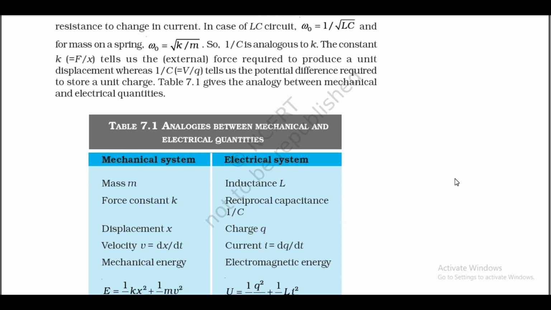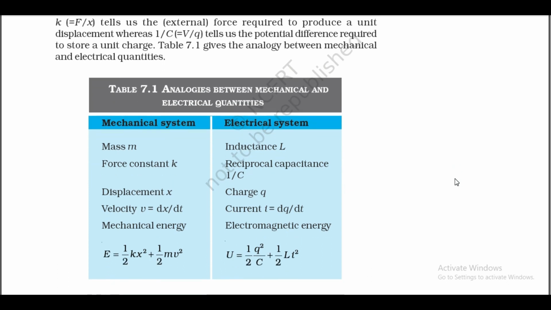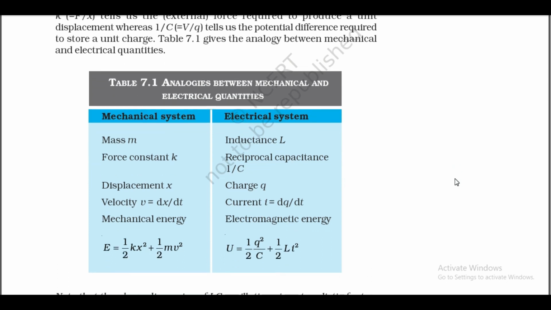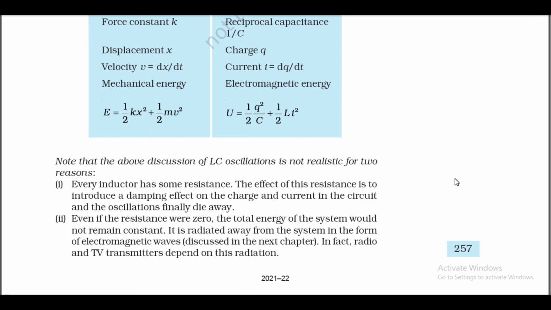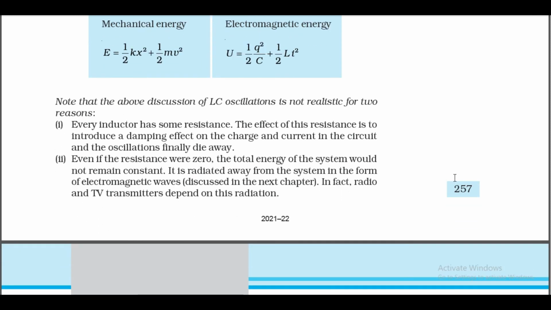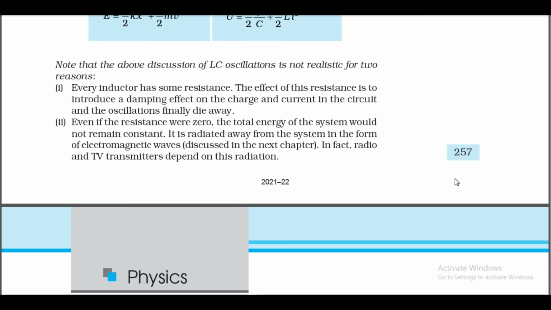Table 7.1: Analogies between mechanical and electrical quantities. Note that the above discussion of LC oscillations is not realistic for two reasons. First, every inductor has some resistance. The effect of this resistance is to introduce a damping effect on the charge and current in the circuit, and the oscillations finally die away.